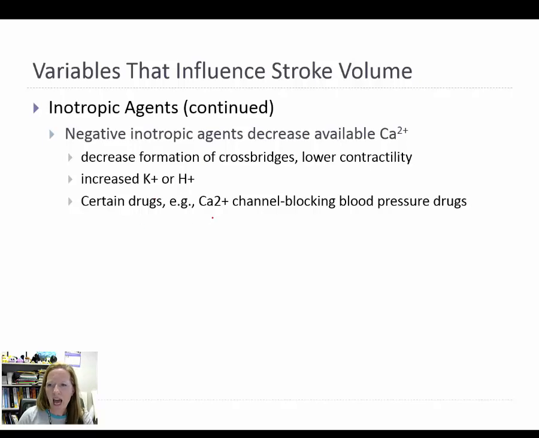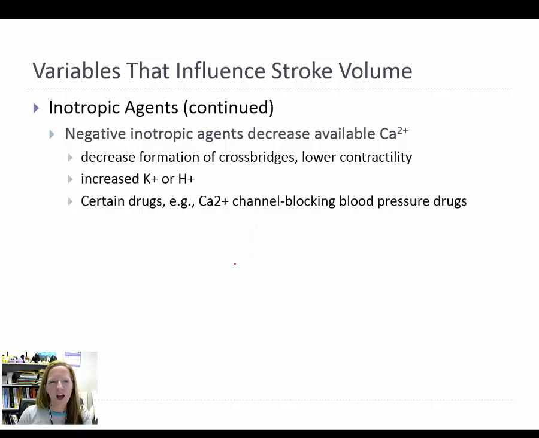Certain drugs like calcium channel blockers, another kind of blood pressure med, go in and block calcium channels, so they don't open, and there is less calcium available. Less calcium available decreases contractility, which is going to decrease stroke volume. Got to take it back to what we are talking about here.